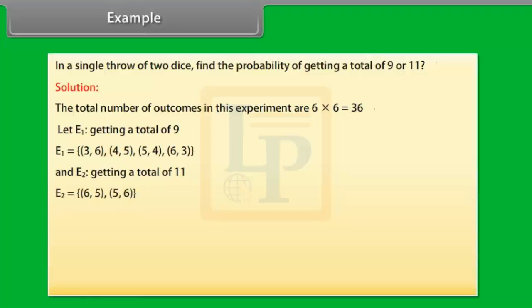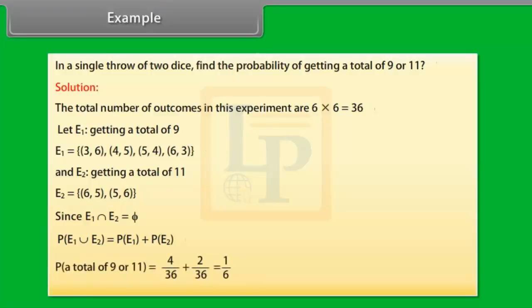E2 is equal to {(5,6), (6,5)}. Since E1 intersection E2 is equal to empty set, P(E1 union E2) is equal to P(E1) plus P(E2). P(a total of 9 or 11) is equal to 4 by 36 plus 2 by 36 is equal to 1 by 6.